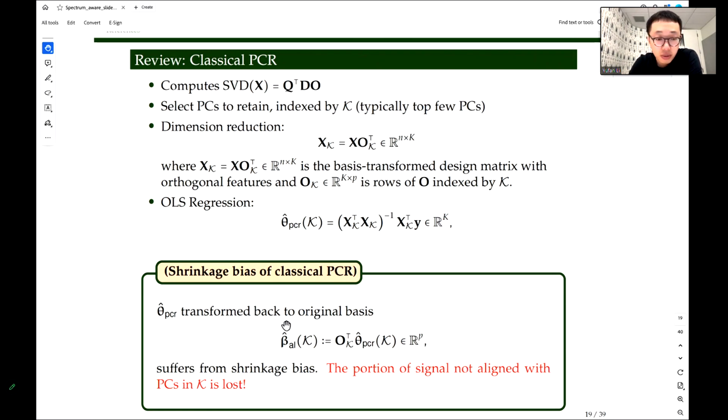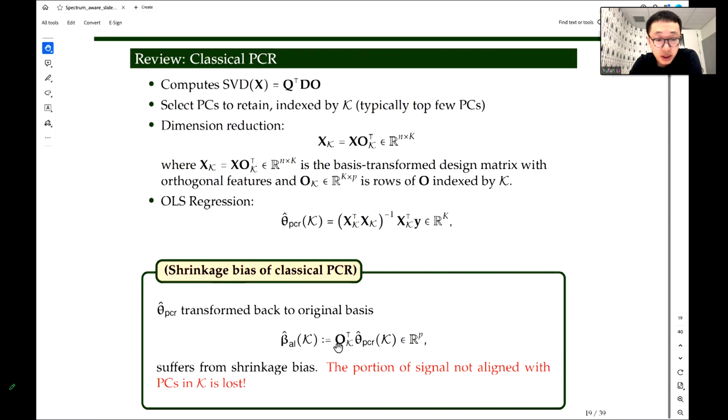And then finally you transform back to the original basis. But the problem with this method is that it is similar to ridge and lasso. It incurs a shrinkage bias, because the portion of the signal not aligned with the PCs that you choose is lost in the process.